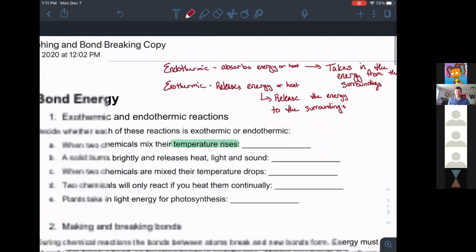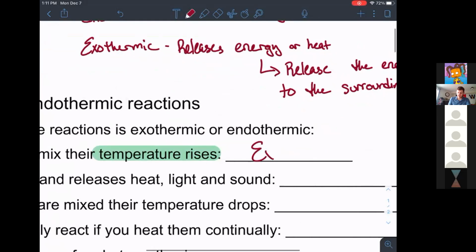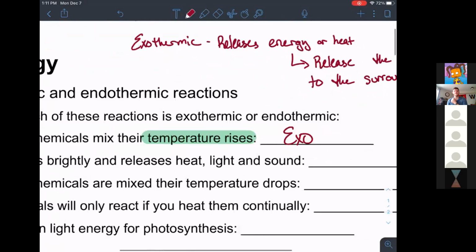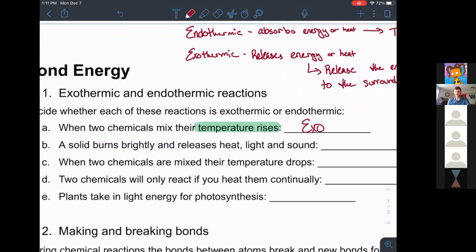So if the temperature is rising, it means that that reaction is releasing that energy to make that temperature increase. So it's actually going to be exothermic here because it's releasing the energy, making that temperature increase. Does that make sense? Any questions on that one?